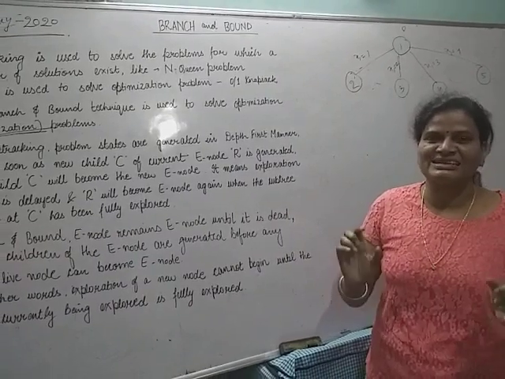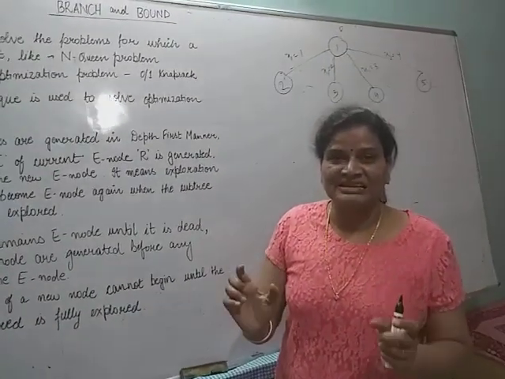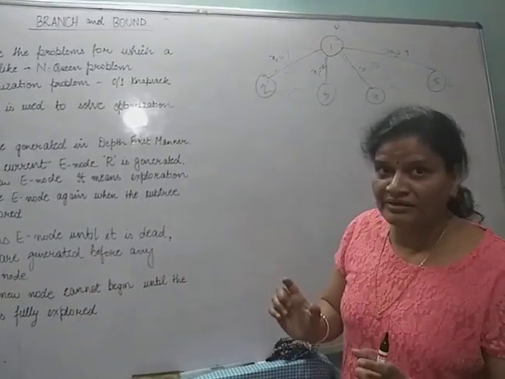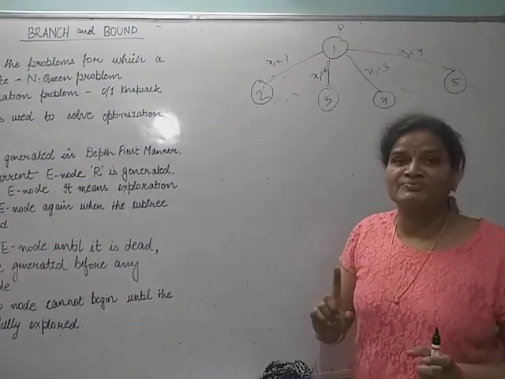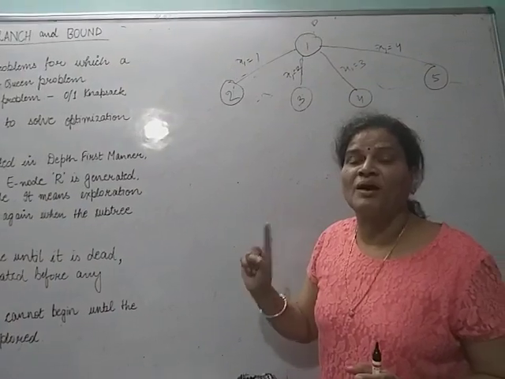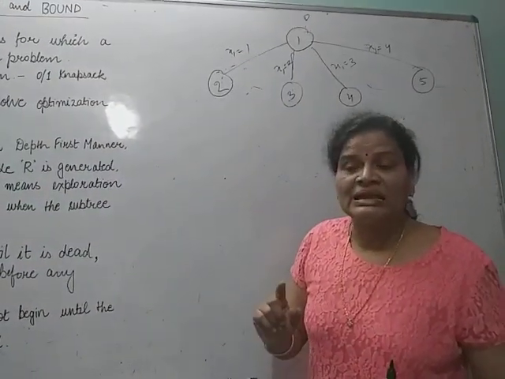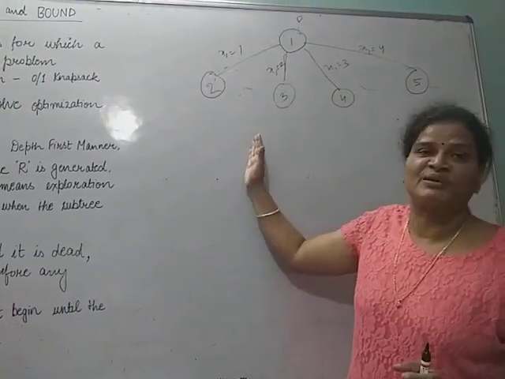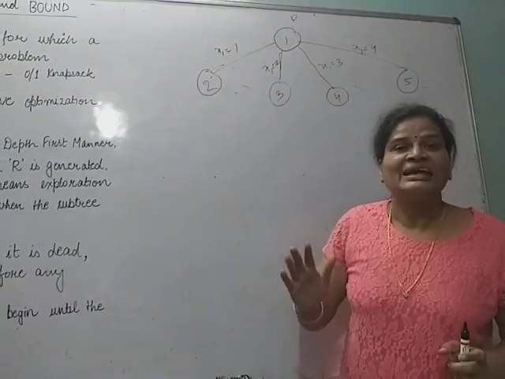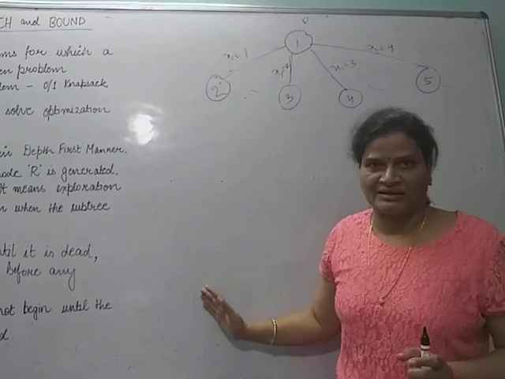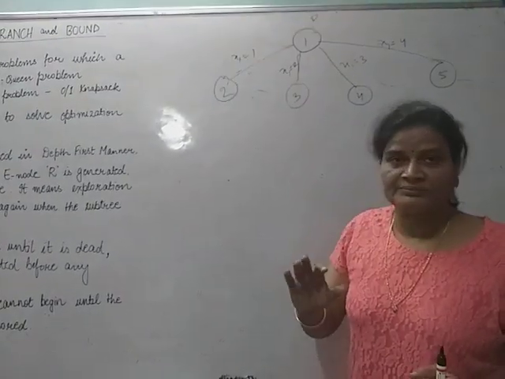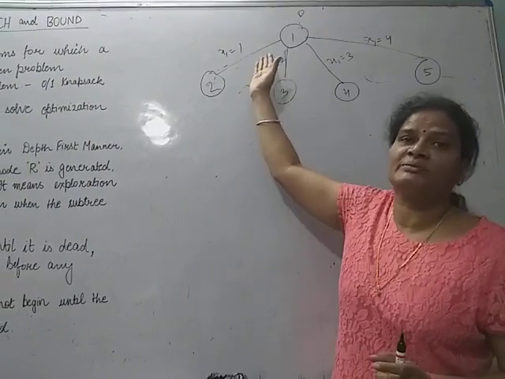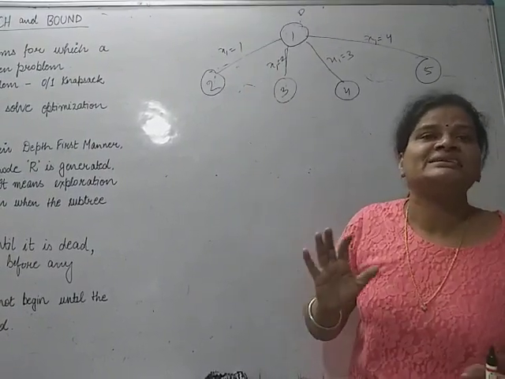Now I think you understand the state generation. This is a very important difference between branch and bound and backtracking. In backtracking, the problem states in the state space tree are generated in depth first manner, whereas in branch and bound search methods, the E node remains E node until it is dead.